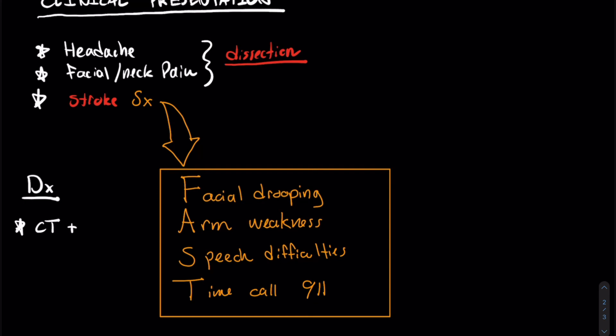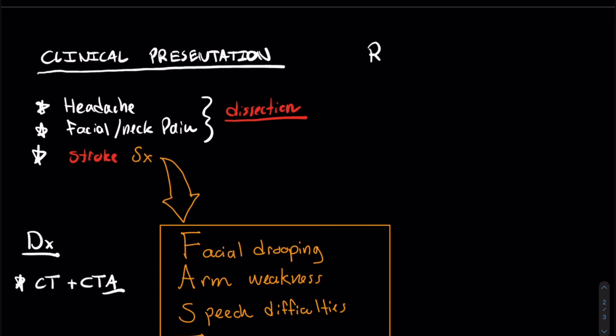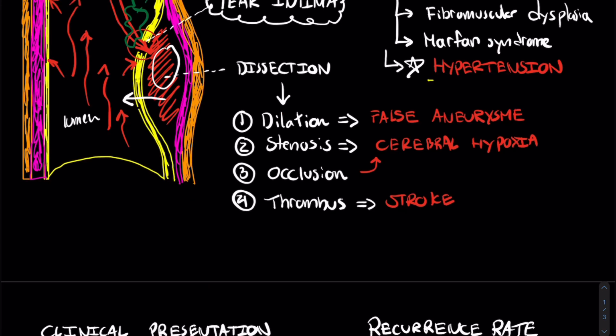But typically, the gold standard diagnosis is a CT scan with a CT angiogram. Now, the recurrence rate of this condition is about 10%. So 10% is not nothing, and this is why it's very important to monitor closely your blood pressure.